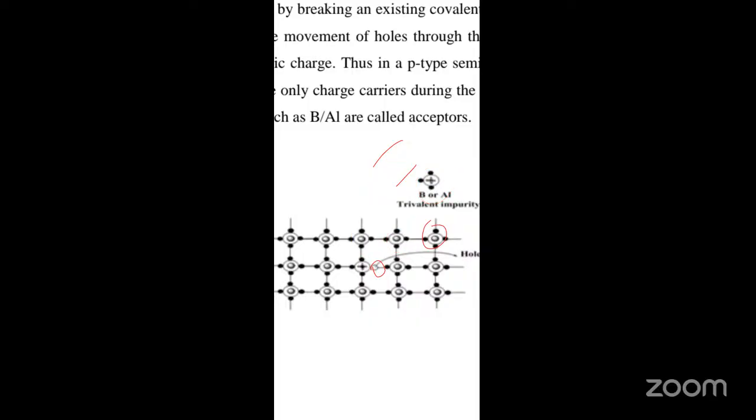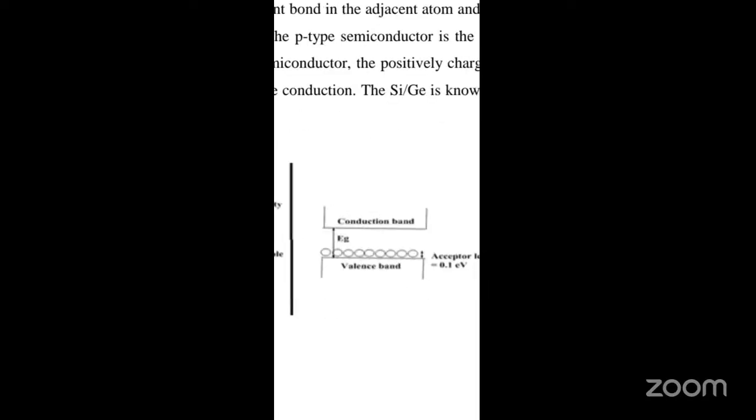Therefore, all those holes make a discrete energy level that is just above the valence band. Here we have to observe the view, right? This is the conduction band and this is the valence band.